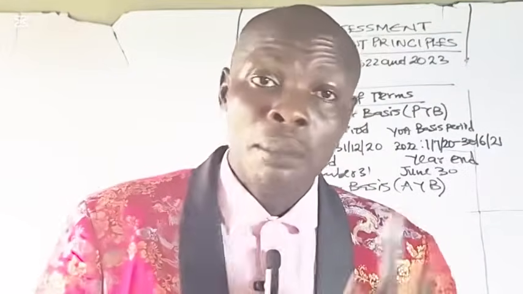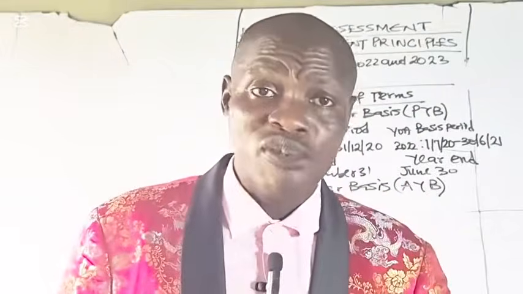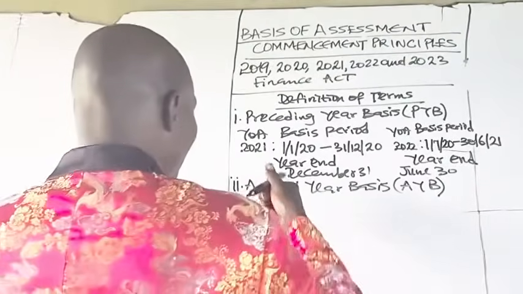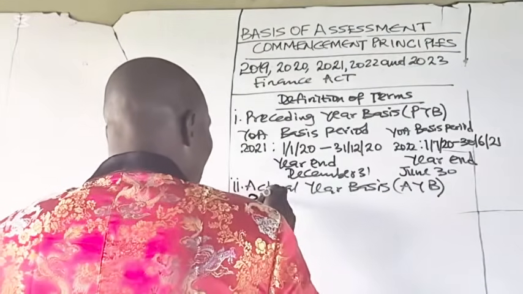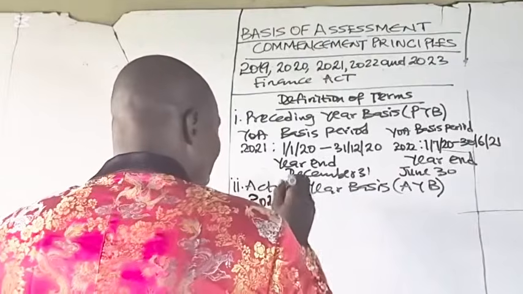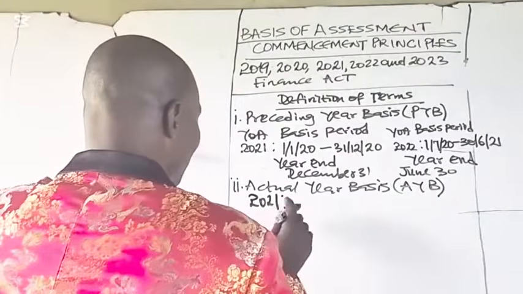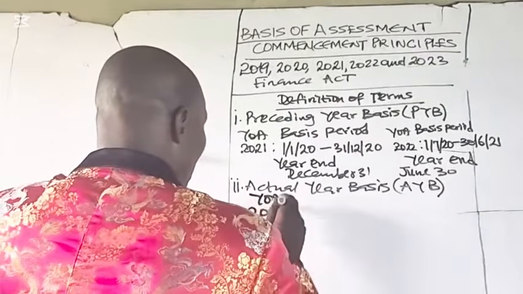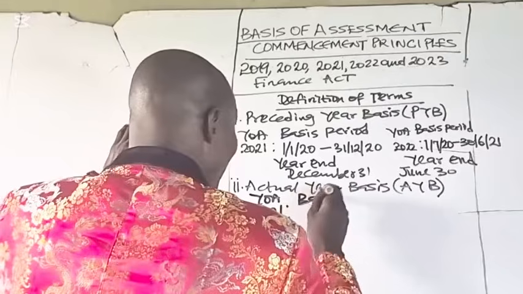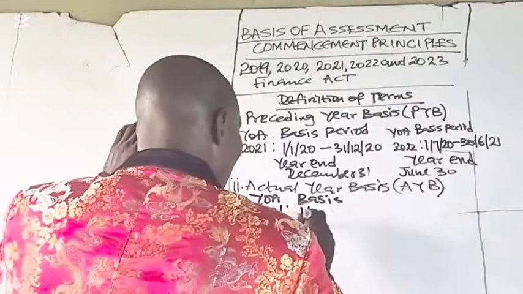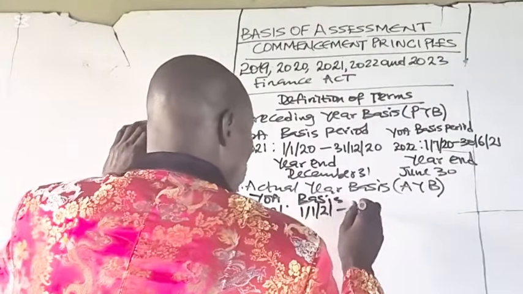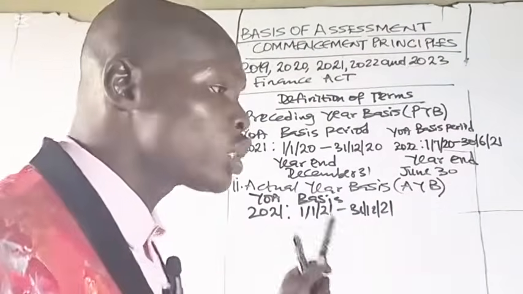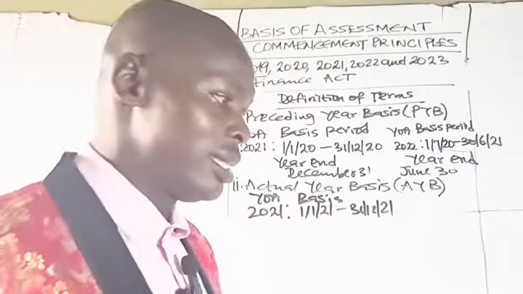Same year, but that same year must span from January 1st to December 31st. So on the basis of actual year basis, if the year of assessment is 2021, the basis period for this year will run from 1st of January 2021 to December 31st of 2021. So this is actual year basis.